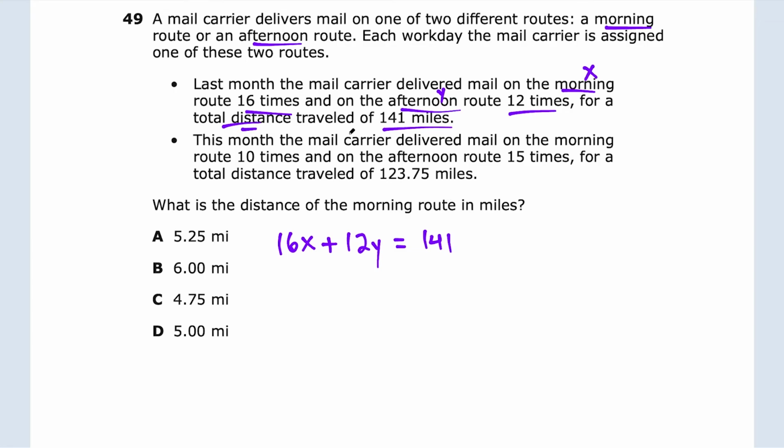And now this month, the mail carrier delivered mail on the morning route. So the morning is once again still x, but they did it 10 times, so that's 10x. And then they did the afternoon route, which is still y. So they did the afternoon route y 15 times. So that's plus 15y, and this is equal to 123.75. And we want to know what is the distance of the morning route. Once again, the morning route is x, so we're solving for x here.